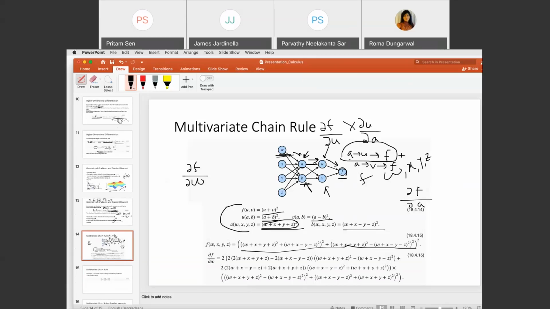So for this path, and for this path, it will be the change in f with respect to v and the change in v with respect to a.